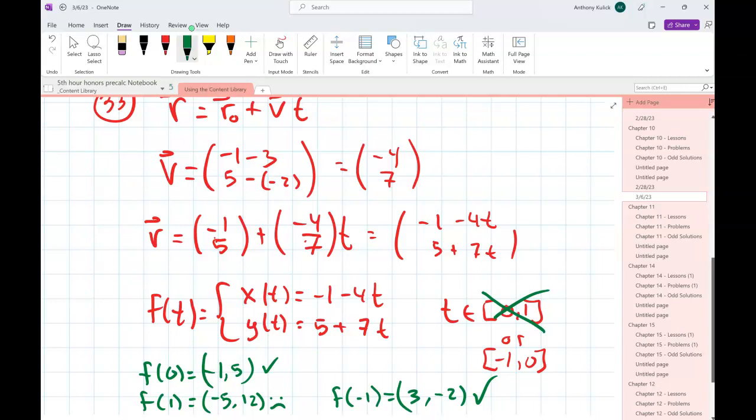Yeah. And that answer is 0, 1. Oh, well, it depends on how you write the equation. If your equation is a different parameterization, then your interval could be different. So answers may vary here. It depends on which v you come up with. If you come up with the opposite sign v, then the parameter is going to be different.